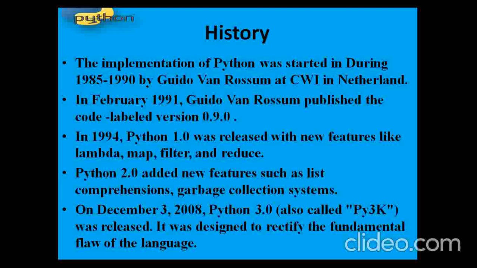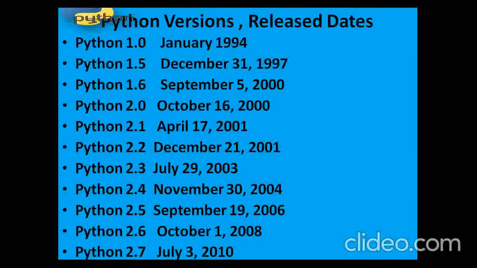Python 2.0 added new features such as list comprehensions and garbage collection systems. On December 3, 2008, Python 3.0 was released. It was designed to rectify the fundamental flaws of the language.